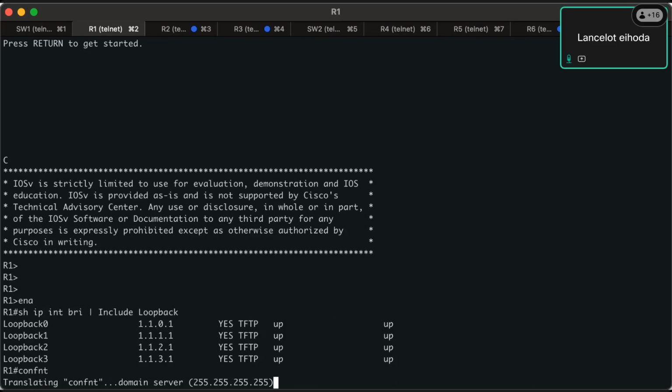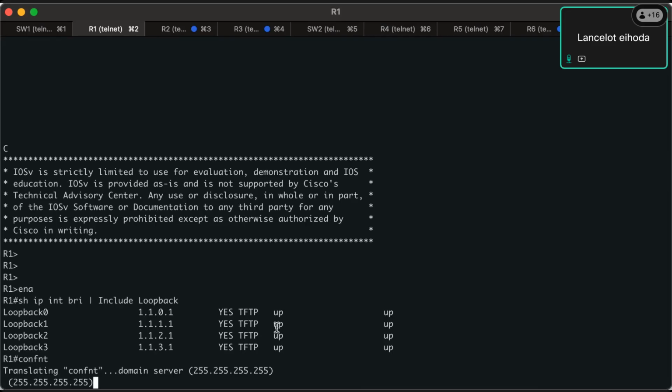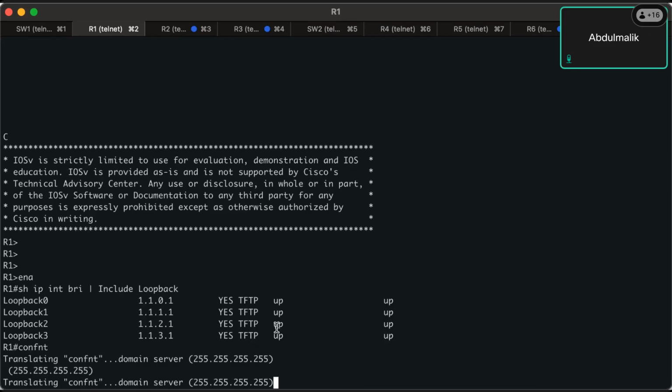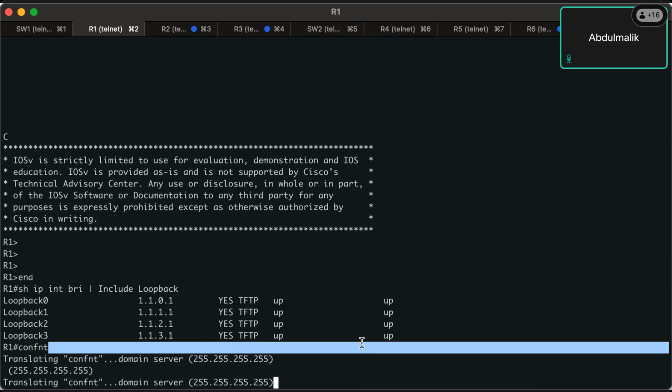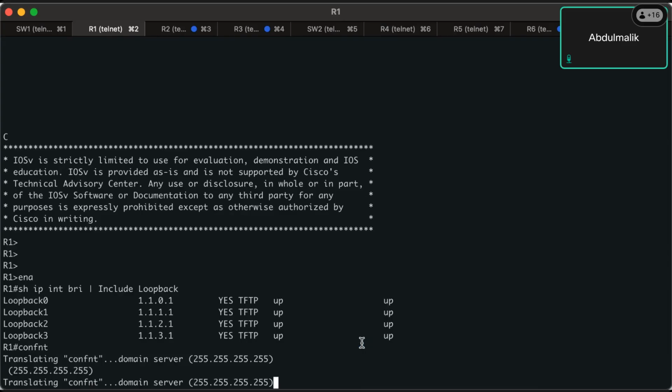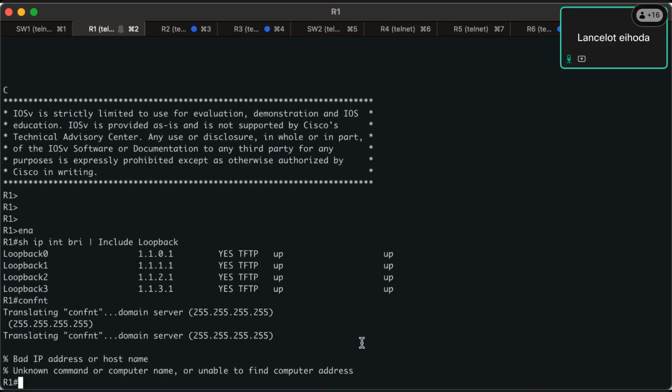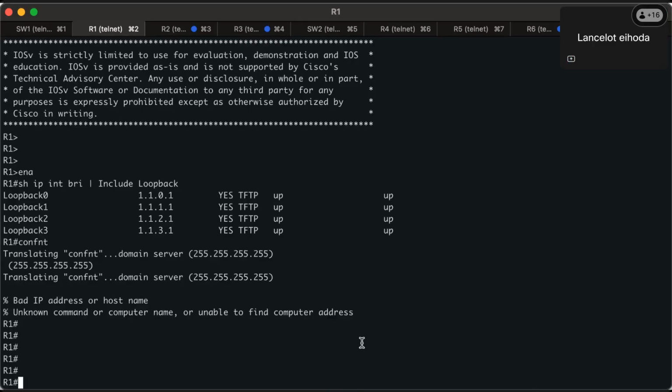So does anybody know how to make this typing error not work and go away? Yes, you do know DNS lookup. But has anybody actually ever wondered why this thing does what it does? By default, anytime you type something, the router actually tries to telnet into that device. That's why it's not resolving it.